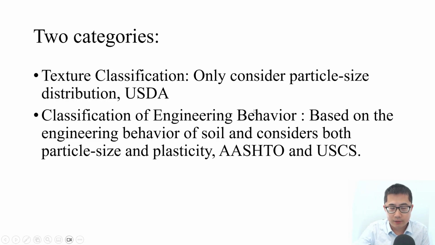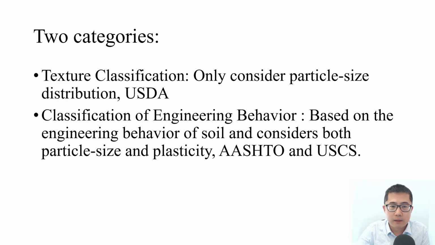Basically, we have two categories of soil classification system. The first one is called a texture classification. An example of this is the USDA soil classification system, which only considers particle size distribution. The only thing you need to do is have a stack of sieves and do a particle size distribution, or a sieve analysis, and you can get to the classification.